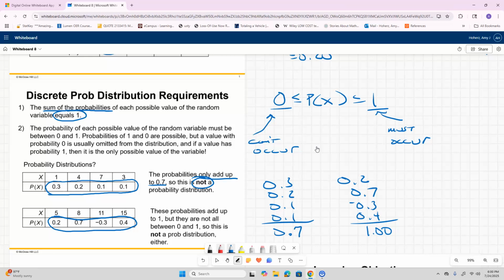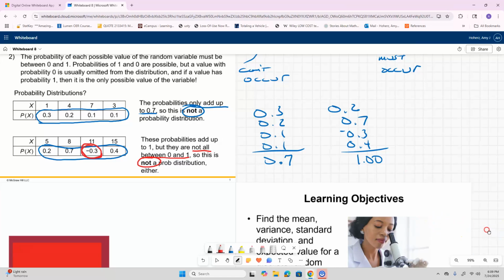We cannot have anything in our probabilities that is negative or larger than 1. So what does it mean that 11 has a probability of negative 0.3? That's below 0, and 0 means it can't occur. So what would a negative probability mean? It really can't occur? It's not realistic. It's not how probabilities work. So they do all add up to 1, but they're not all between 0 and 1. So this is not a probability distribution either. So both of these have flaws.